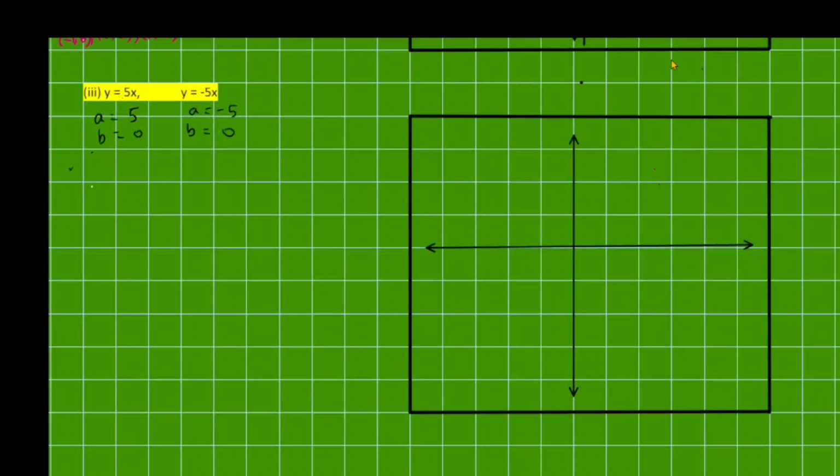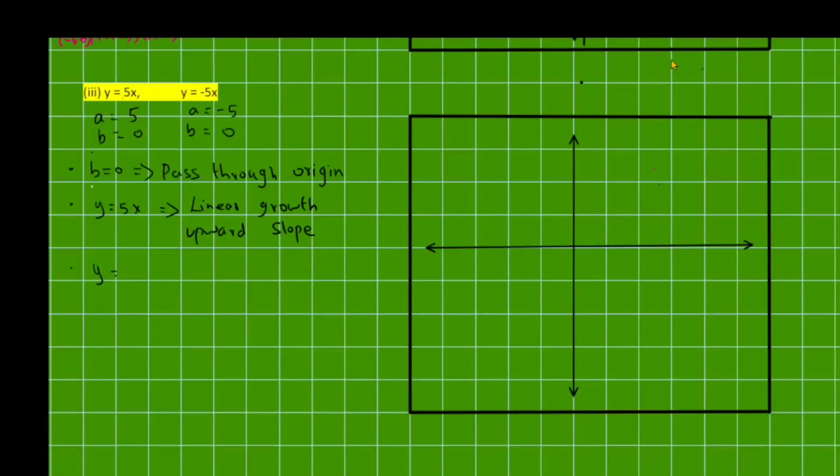The first observation: since B is equal to 0, the line passes through the origin. The next observation: in the first case A is positive, so y is equal to 5x shows linear growth and an upward slope.